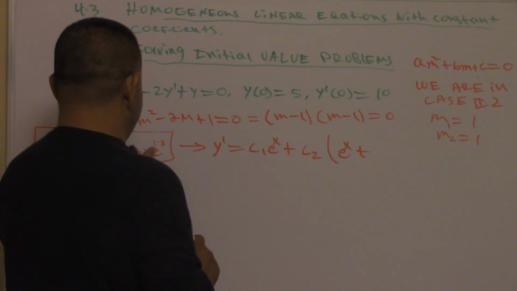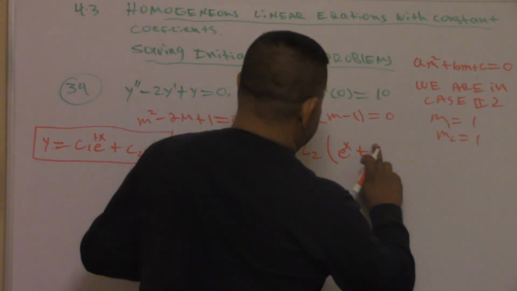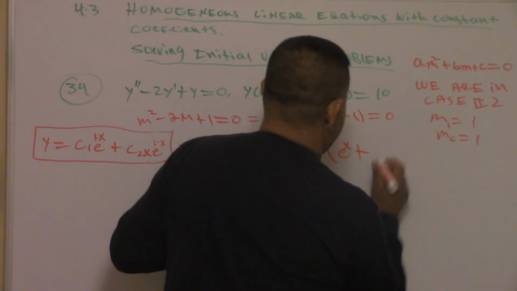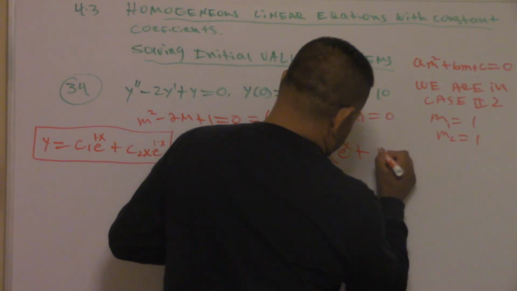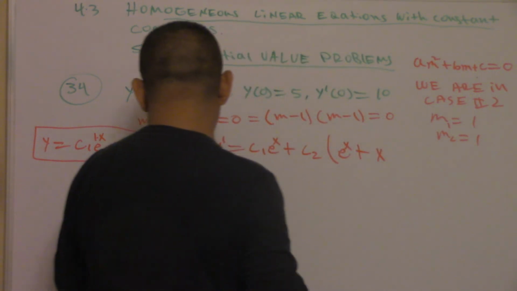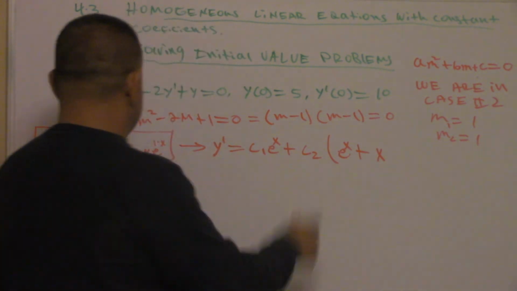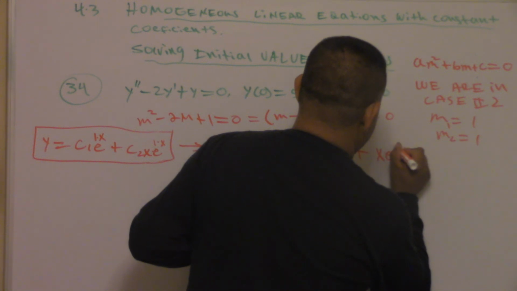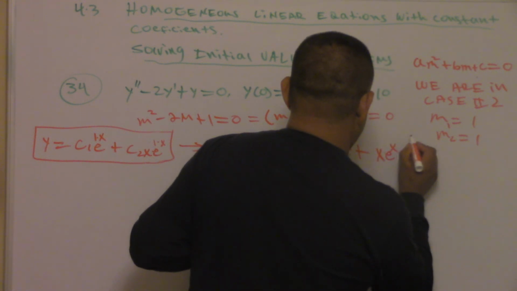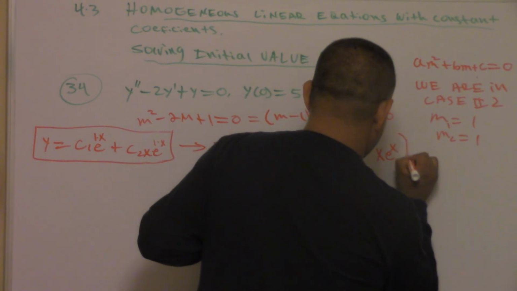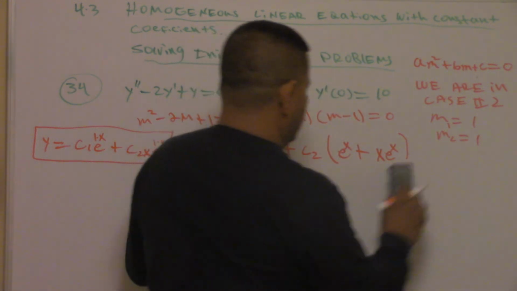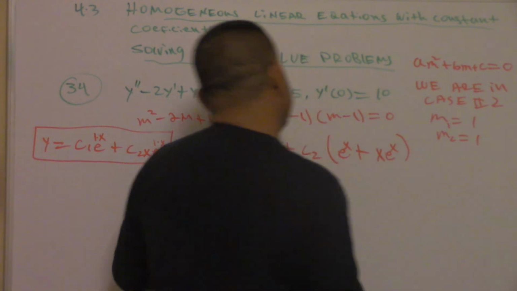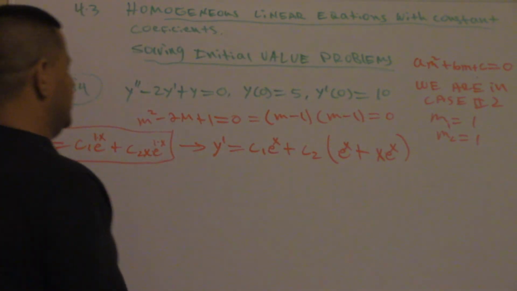The derivative of e to the x is just e to the x, times x. So e to the x times x. Okay, so that is the derivative.